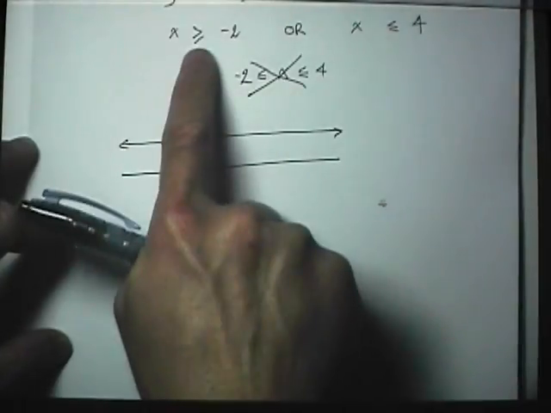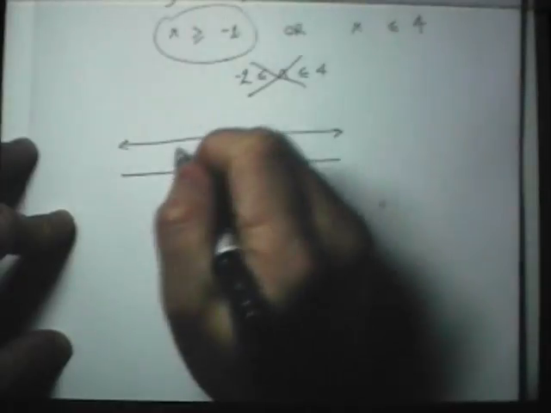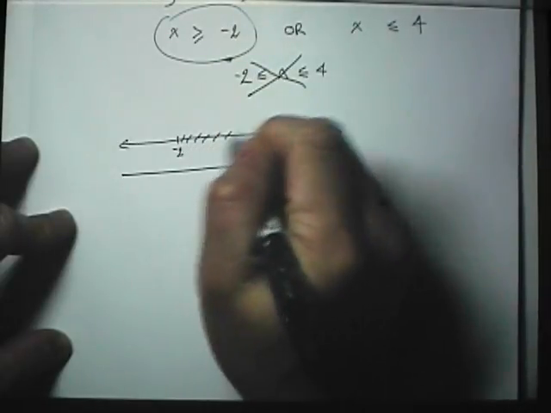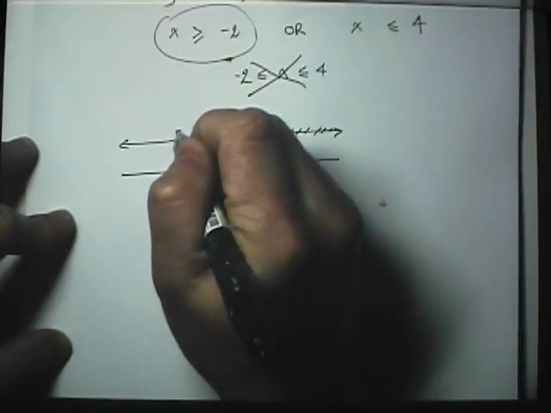So now, graphing the inequality. Once again, my top line right here is to represent the solution to the first one. And -2 is somewhere here. I want x greater than or equal to -2. So it's this part right here, shading to the right of -2 and brackets on -2.